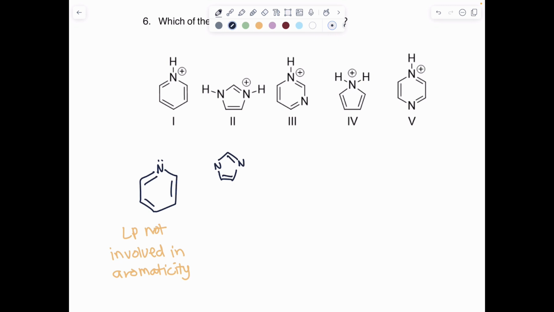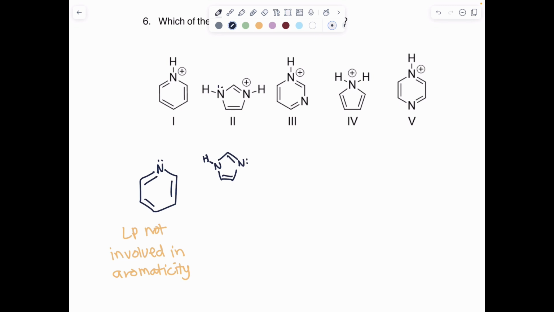This one would still have its hydrogen. This one would become a lone pair. And when we do that, we still have, so this one had a lone pair to begin with to create a full octet.